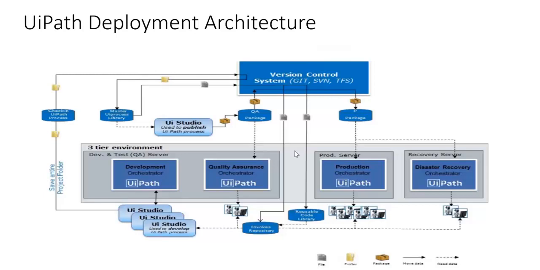Before packaging, we will use a reusable code library, and those are also saved in Git for version control. And then it is deployed in the production server, production orchestrator, as well as the DR instance. So this is how the deployment architecture takes place.